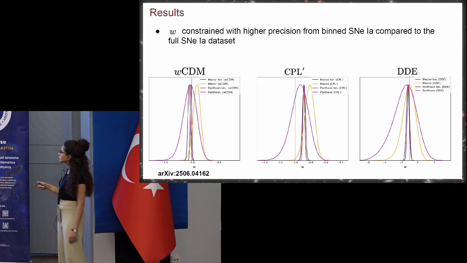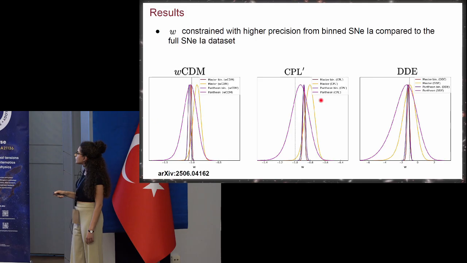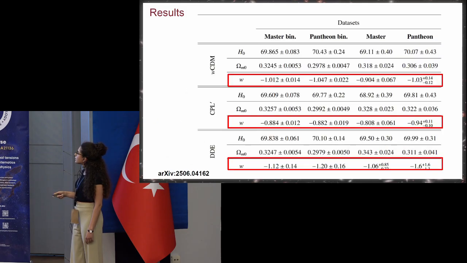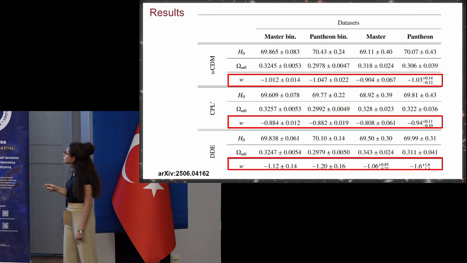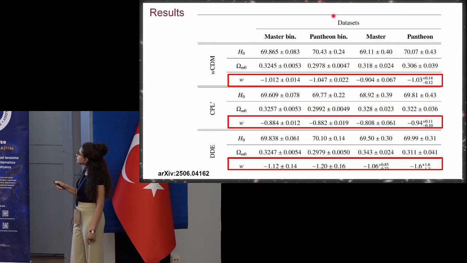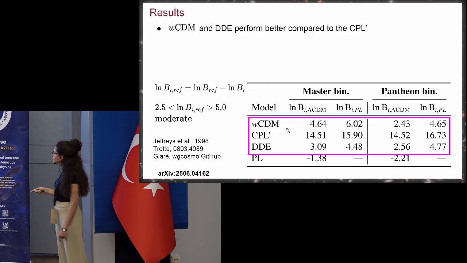And this is valid also for the other two models. These are the results, and we can see, especially for the Pantheon binned dataset and for the wCDM and the last model, that we are able to constrain at 1 sigma the nature of the dark energy. In particular, in this case, we have phantom dark energy, and also in this case.